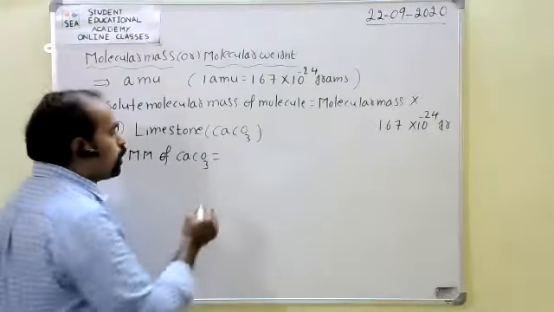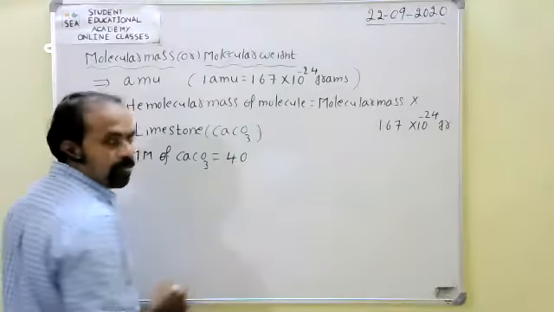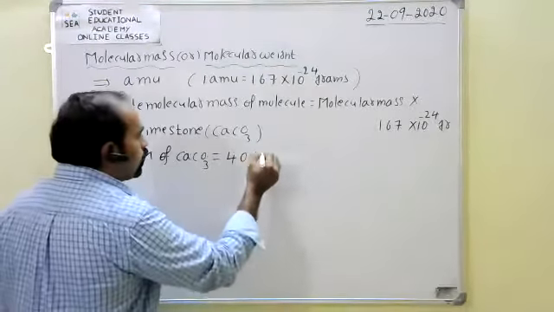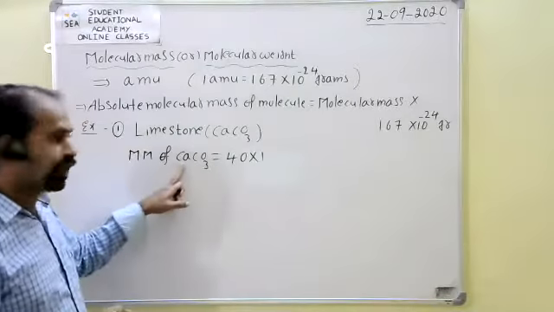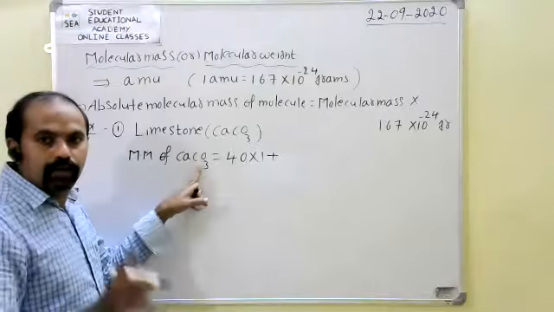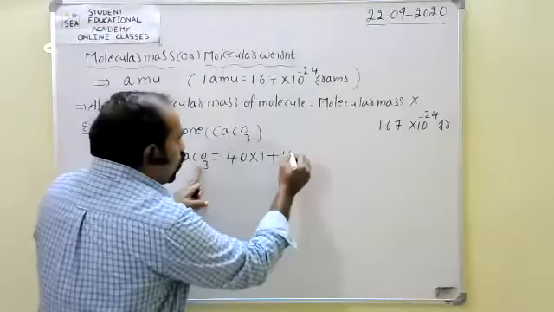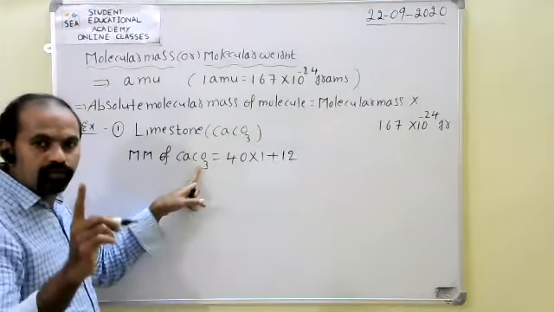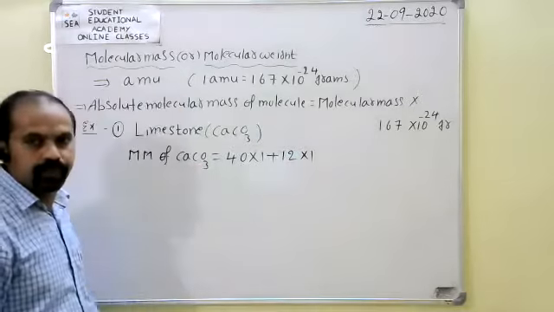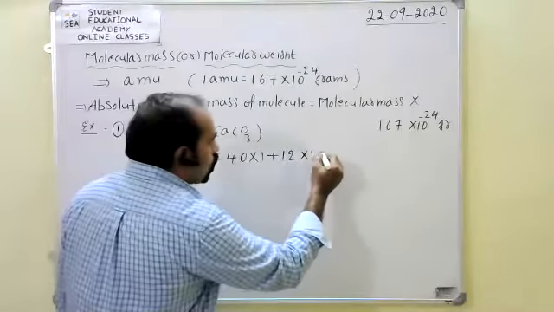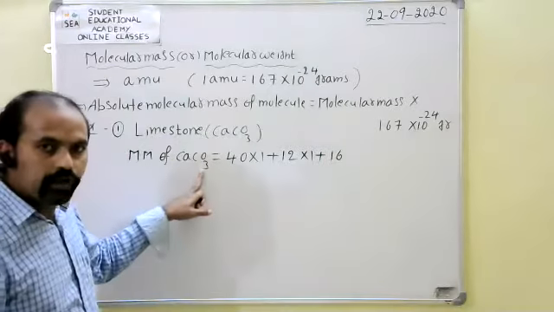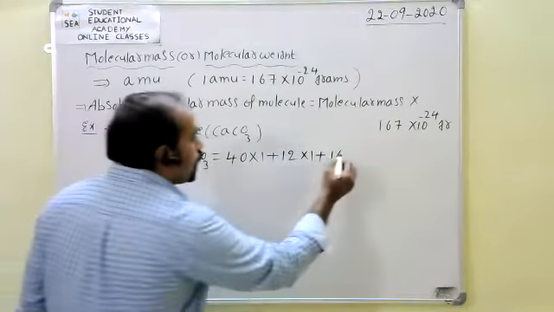Calcium atomic mass 40 into its atomicity 1, that is nothing but number of calcium, plus carbon atomic weight 12. Number of carbons are 1, that is nothing but atomicity, plus oxygen atomic weight 16 into its atomicity 3.